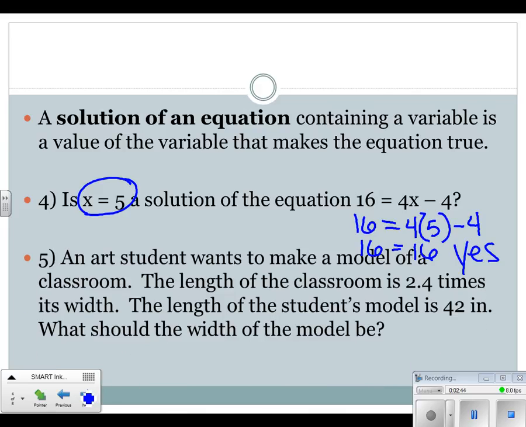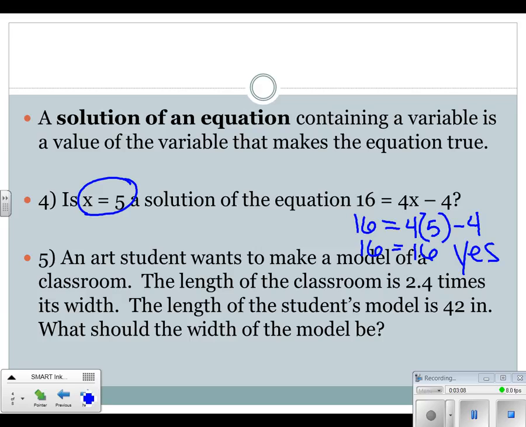An art student wants to make a model of a classroom. The length of the classroom is 2.4 times its width. The length of the student's model is 42 inches. What should the width of the model be? So I'm going to go back and underline a few things.